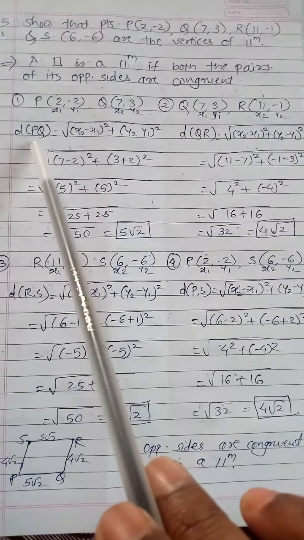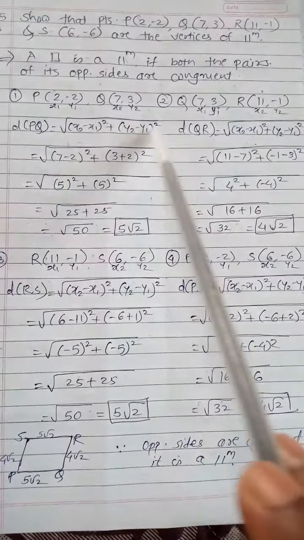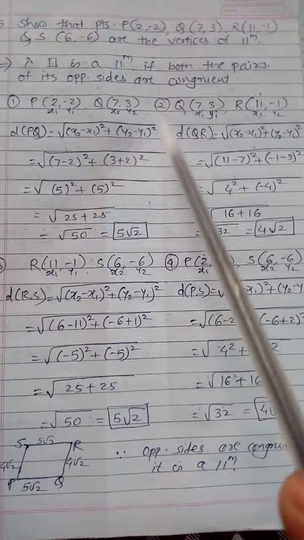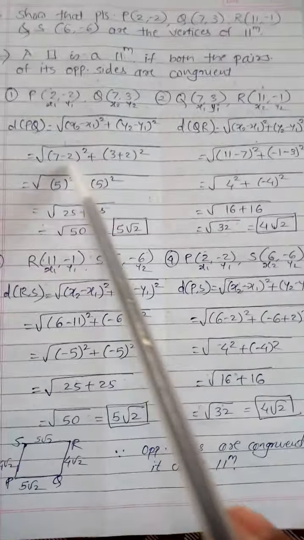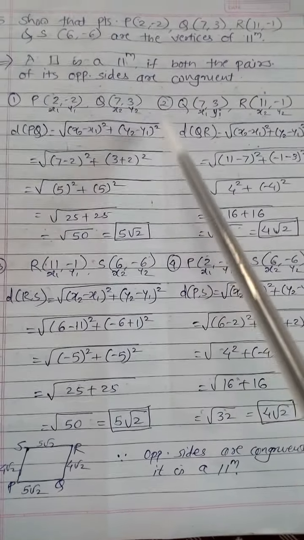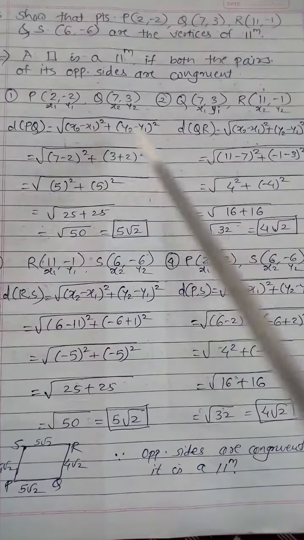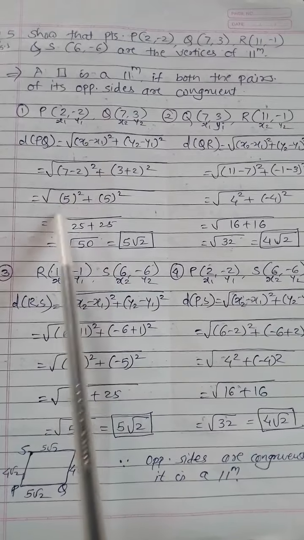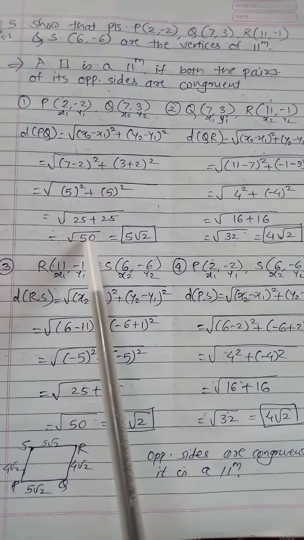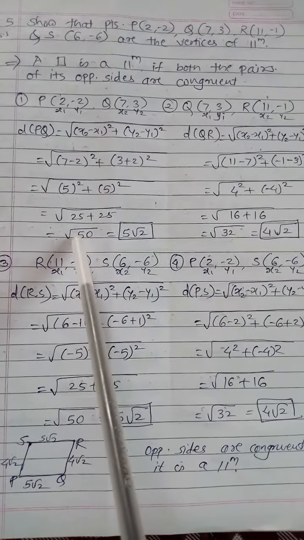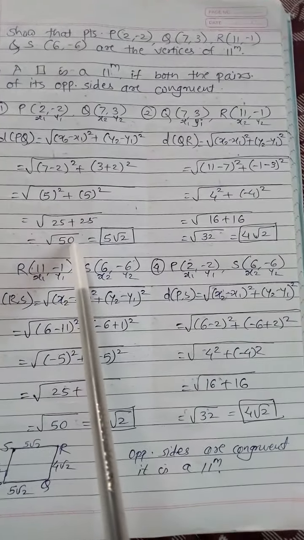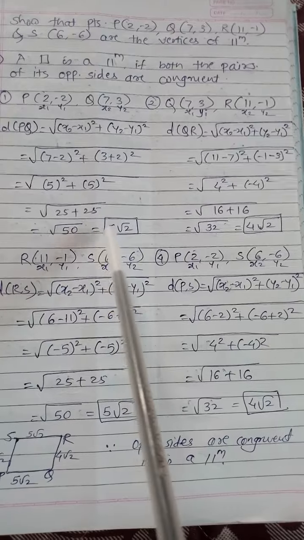Using the distance formula, distance PQ is equal to root of (x2 - x1) whole square plus (y2 - y1) whole square. So (7 - 2) whole square plus (3 + 2) whole square. So 7 - 2 is 5, square plus 5 square. By solving this we get root 50. Taking the factors, we get 5 root 2.